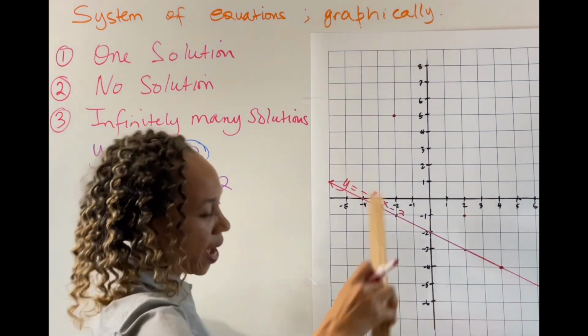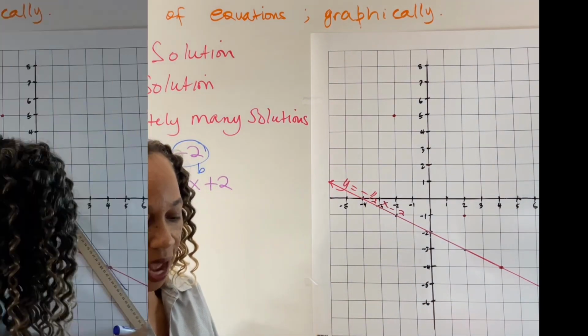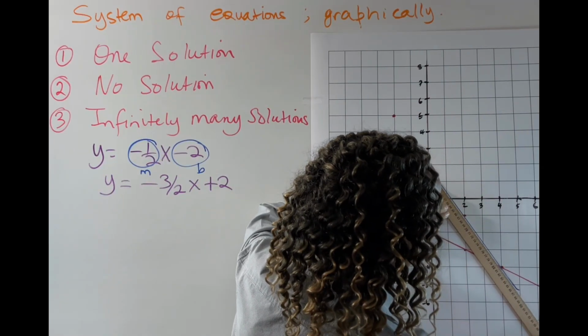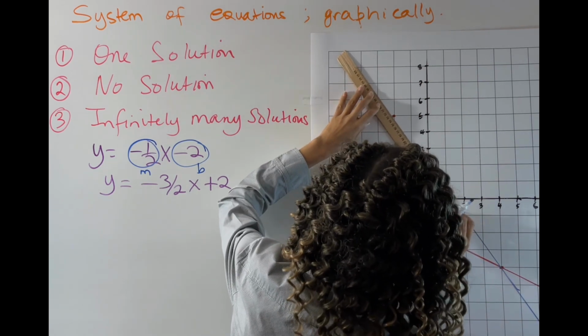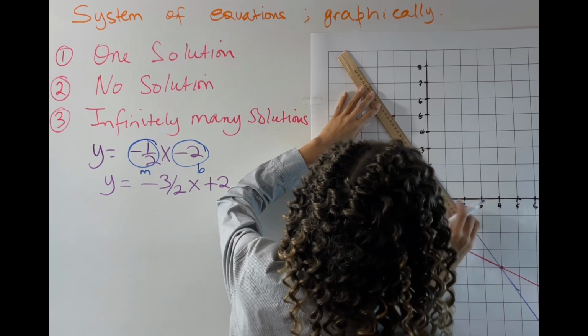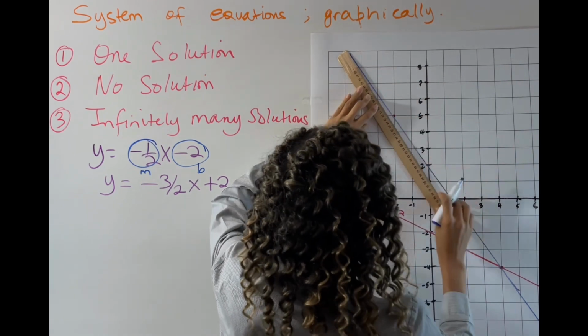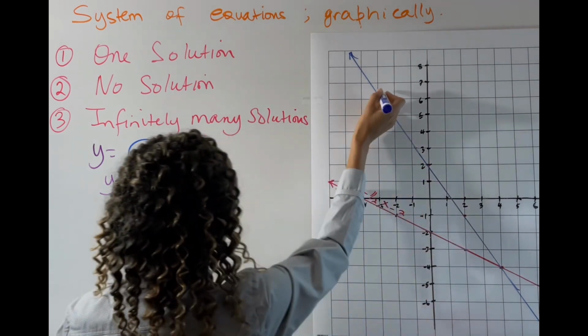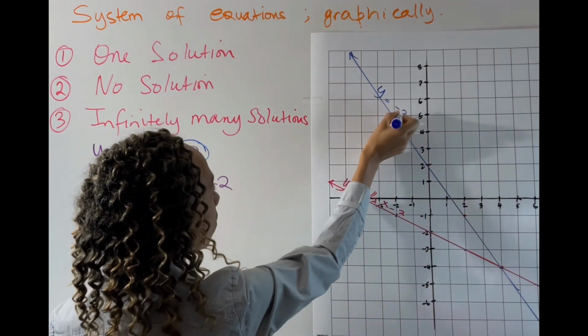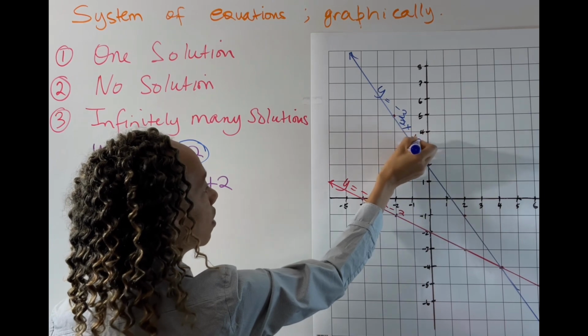And we are going to connect our points now. We just need 3 points in order to connect a line for any linear graph. And we will continue to the end of this grid paper. Put an arrow at the end, and label your graph, y equals -3/2 x plus 2.